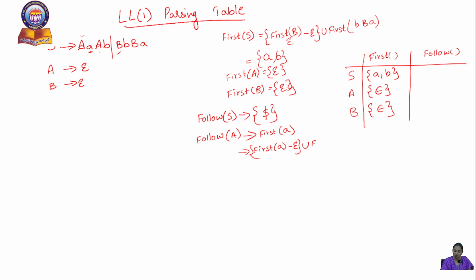Again, it has to consider the first of A. Here A is the terminal, right? So first of A is nothing but A only. First of any terminal will become the same value. So first of A will become A only.